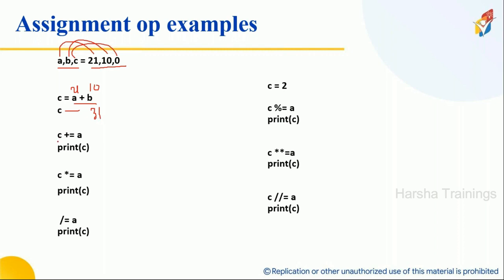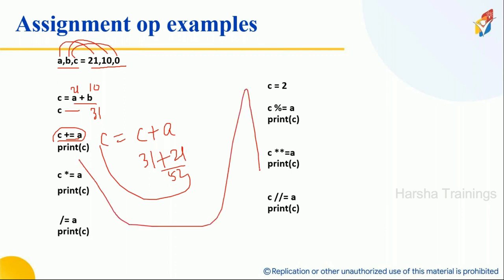Now I am writing the statement C equal to C plus A. What is the value of C? C is 31 plus A value is 21, so this 52 will be stored in C. Like this, C plus equal to A can be written as C equal to C plus A. The remaining operators will be executed in the same way. Clear for you?